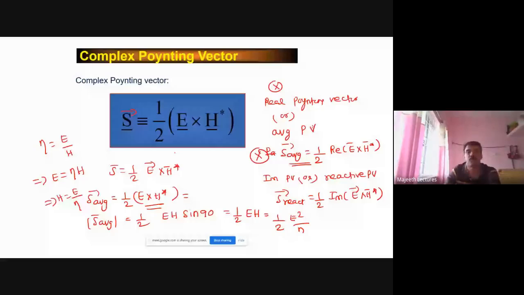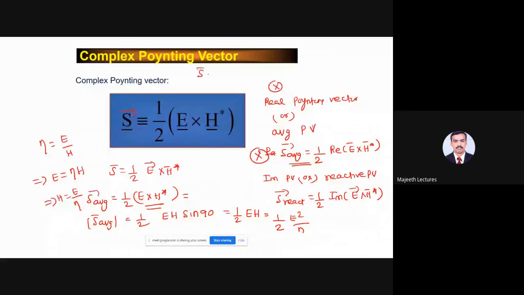If you substitute H as E by eta, it becomes E squared by eta. This formula is very, very important. So the average Poynting vector is equal to 1 by 2 E squared by eta.